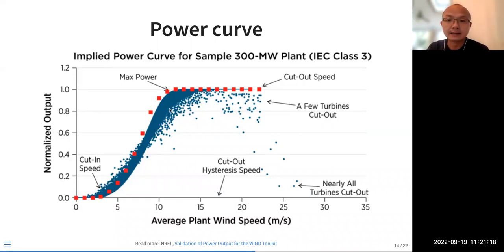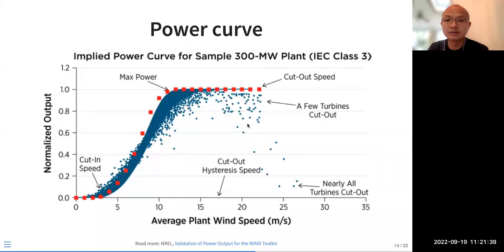This is research from NREL, the National Renewable Energy Laboratory. The red square dots show the theoretical power curve of this type of turbine.